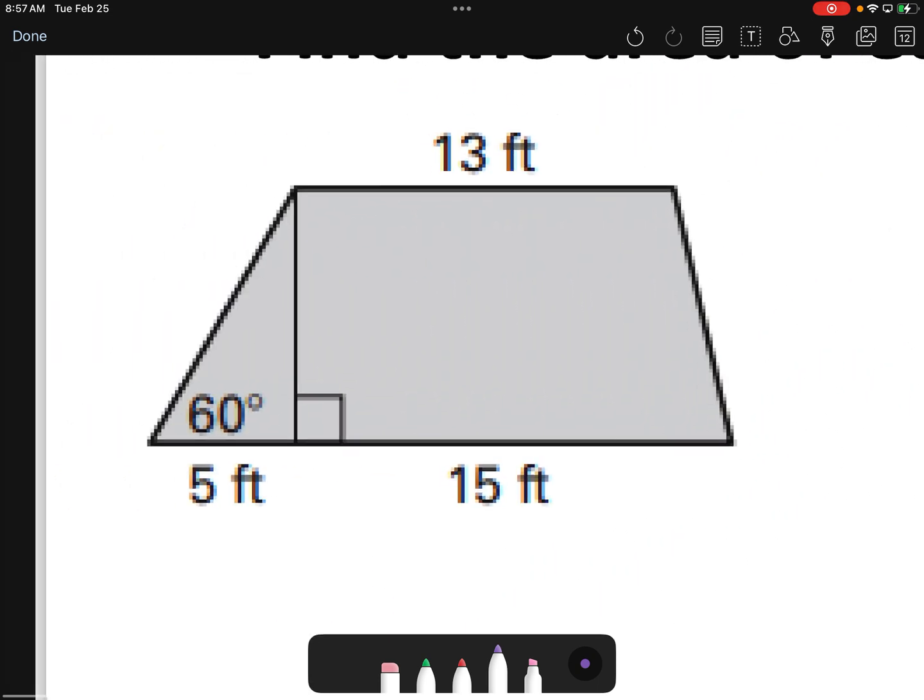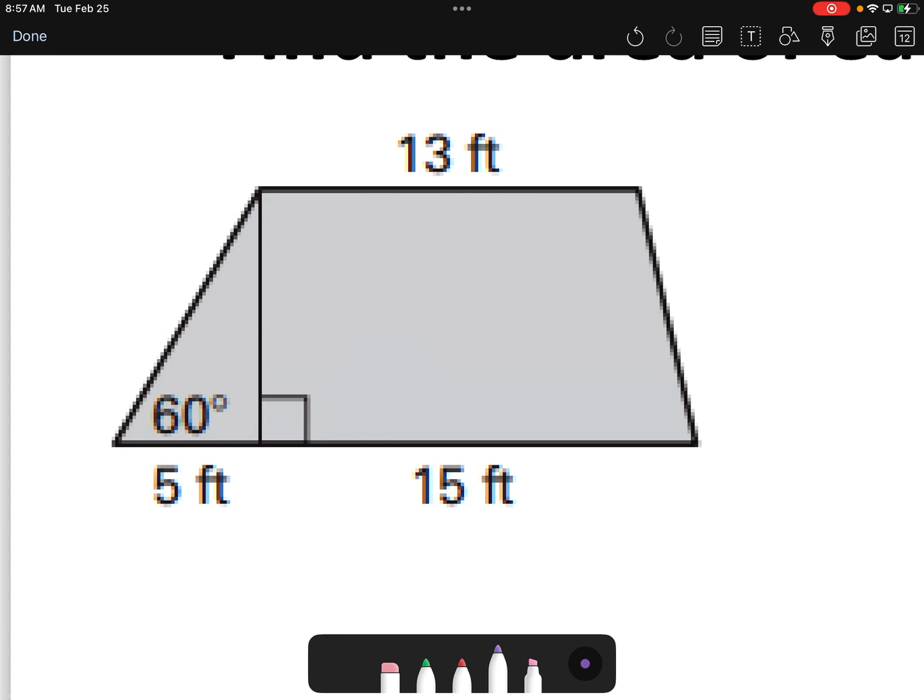We've got 2 problems. We're going to start with the easier of the 2. Let's solve for the area of this. What is this shape? Trapezoid. Draw this one in your notes and let's solve for it.